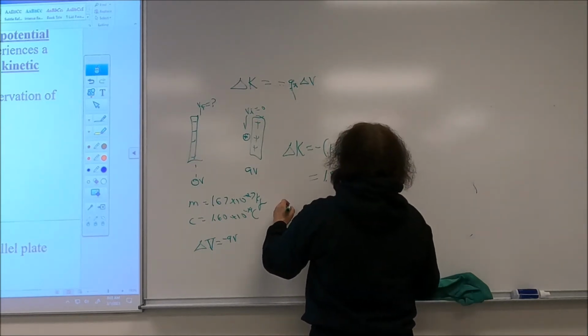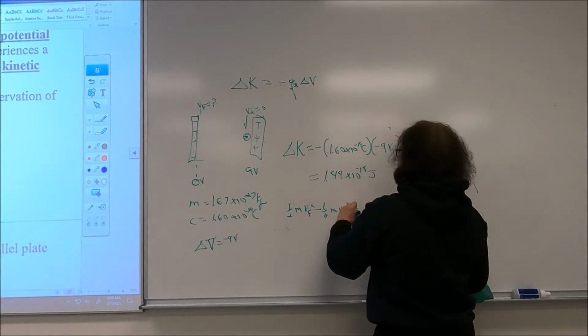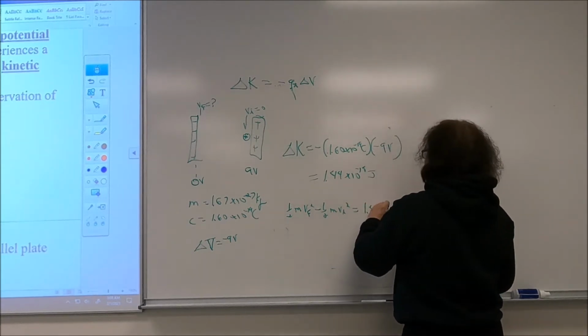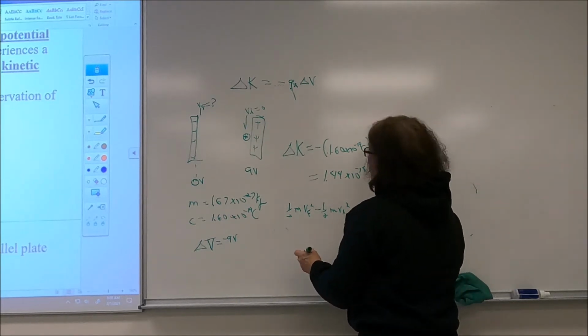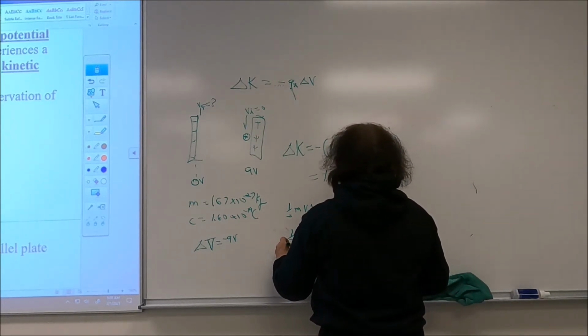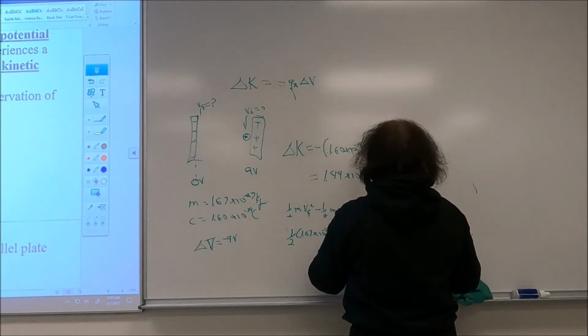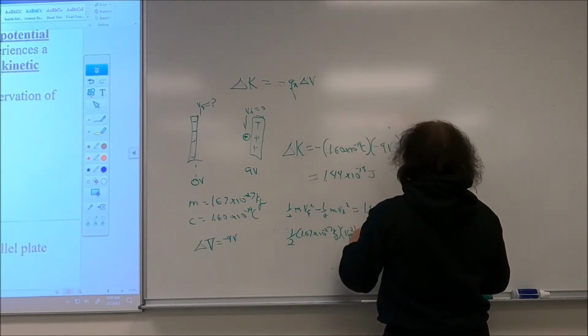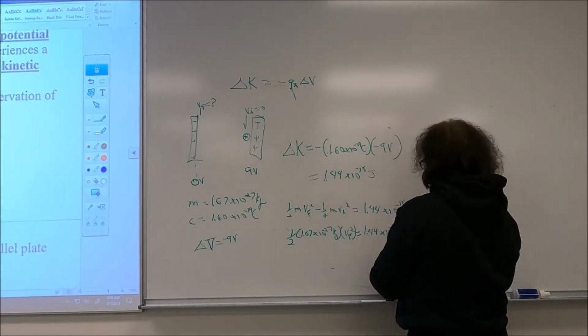And change in kinetic energy is 1/2 m v final squared minus 1/2 m v initial squared. Now, velocity initially was 0. So what I get is 1/2 times the mass, 1.67 times 10 to the minus 27 kilograms, v final squared, is equal to 1.44 times 10 to the minus 18 joules.